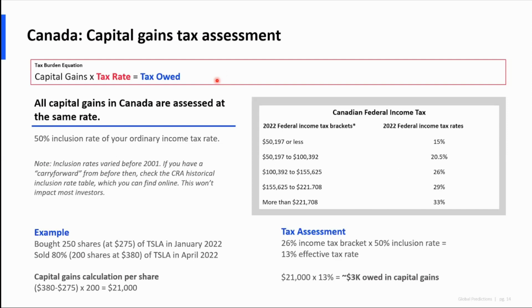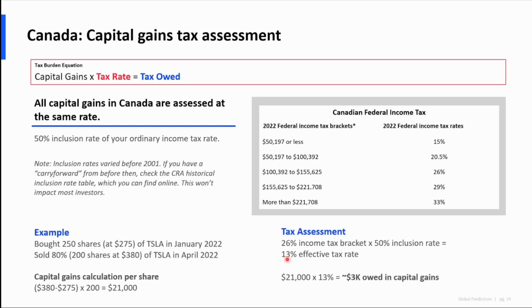Again, I'm American, so you guys probably know this better than me, but capital gains work with a 50% inclusion rate. So if you're in this middle bucket, making 100K to 155K a year of ordinary income, and your rate is 26%, then your marginal rate on capital gains is 13%.